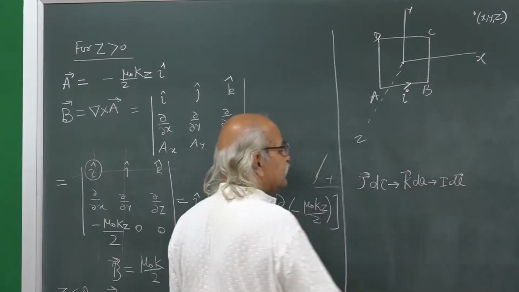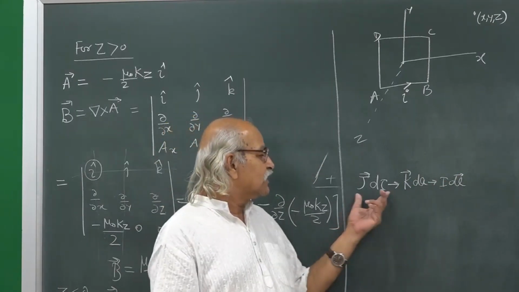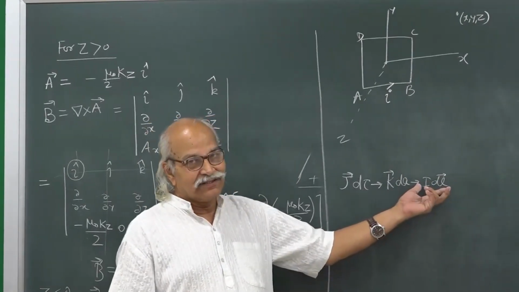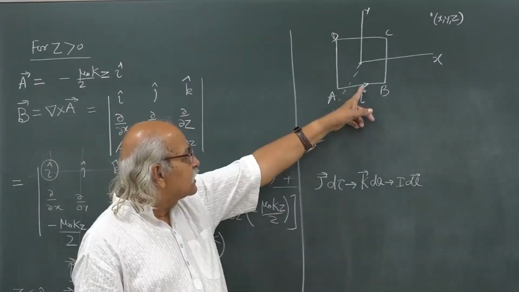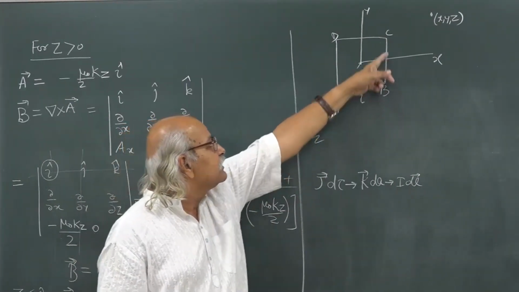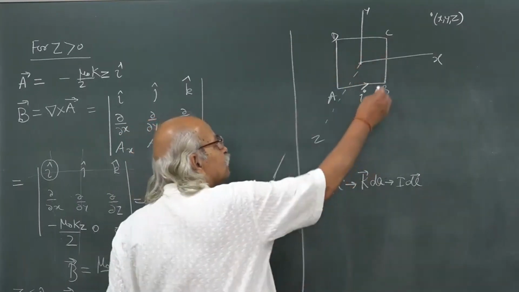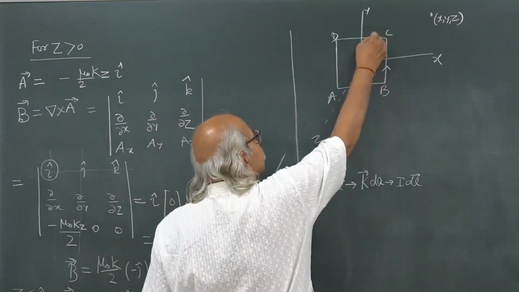If it is linear current, then this J d tau becomes I dl. So, this current I here, here, here, here in the 4 arms, we will take separately.